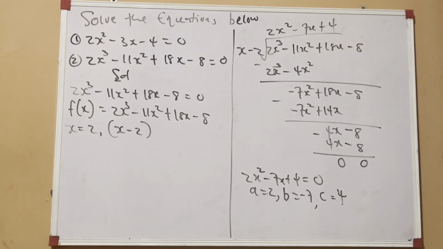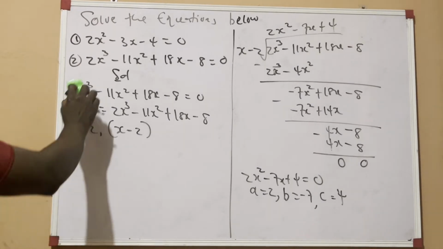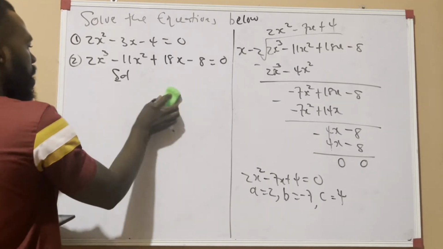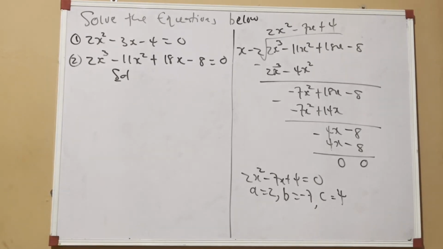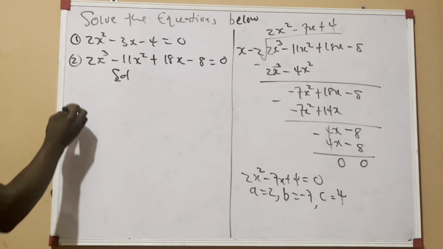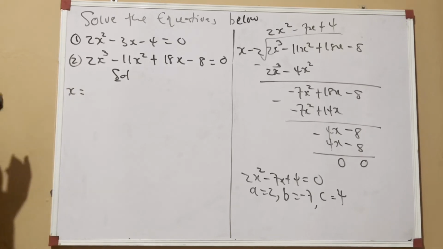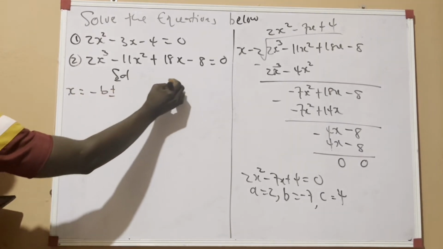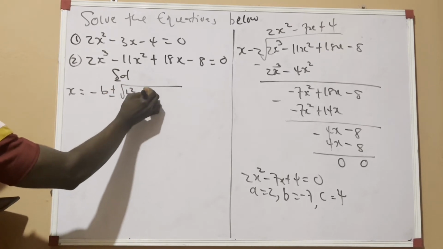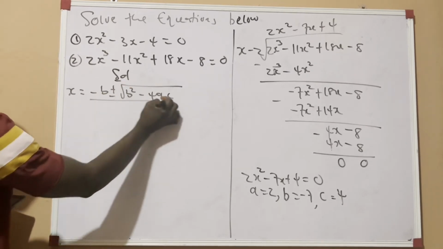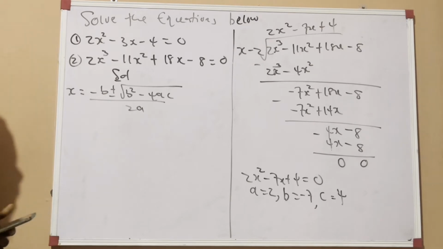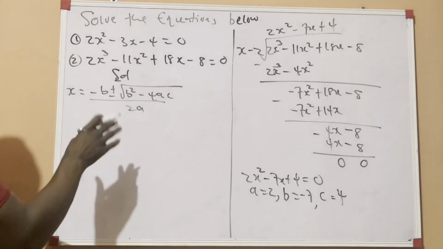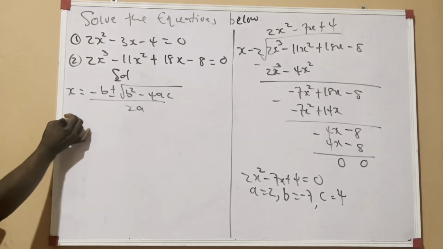And so, employing the formula for quadratic equation, which says x is equal to minus b plus or minus square root of b squared minus 4ac, all over 2a.